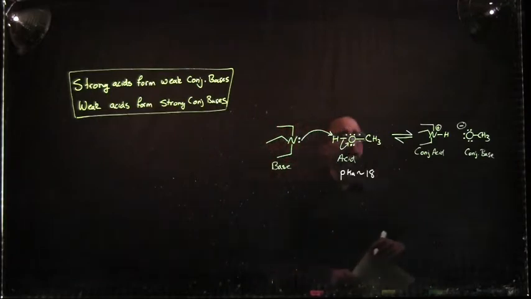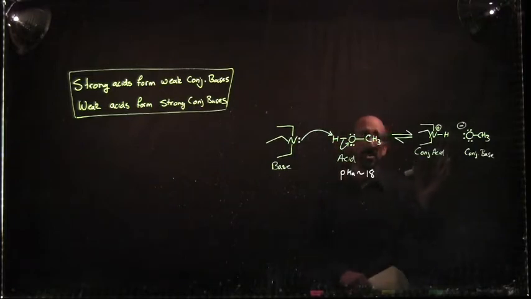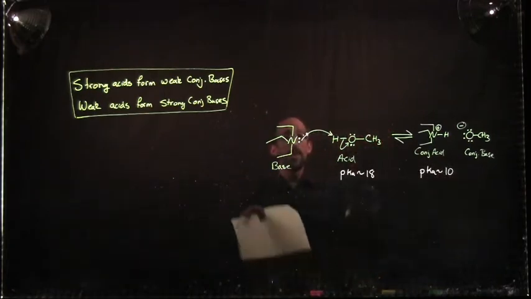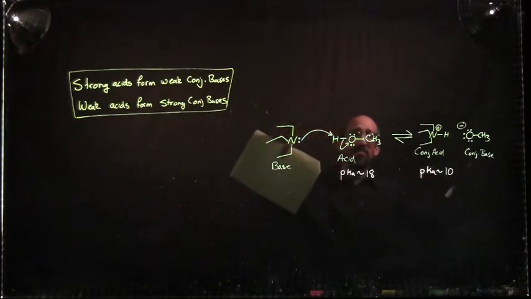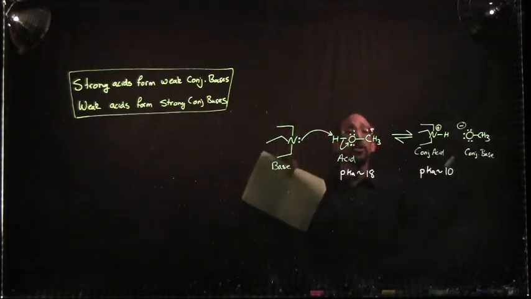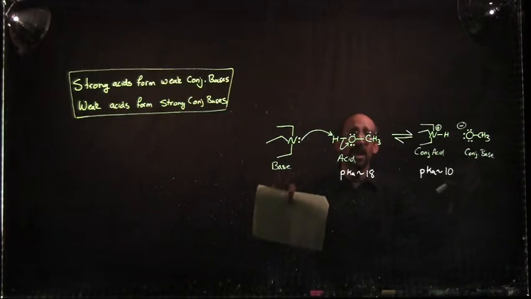If we refer to that same chart, we'll see that protonated amines, these ammonium species, have a pKa of roughly 10. Again, we make no comparison between our base and conjugate base because we don't use pKb's in organic chemistry.